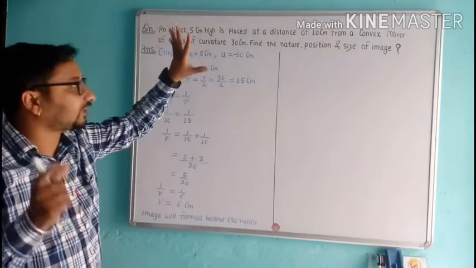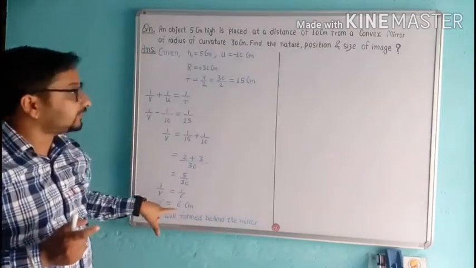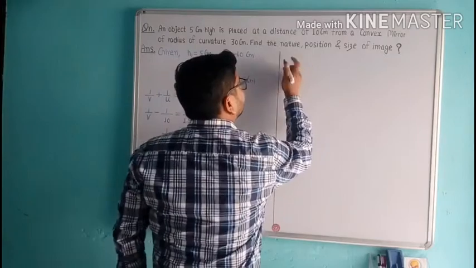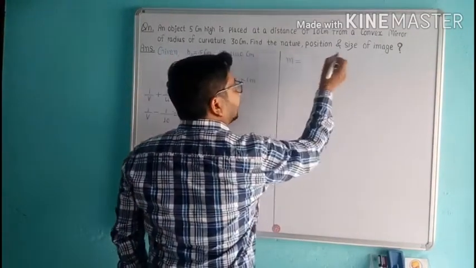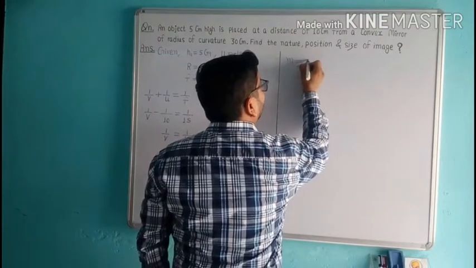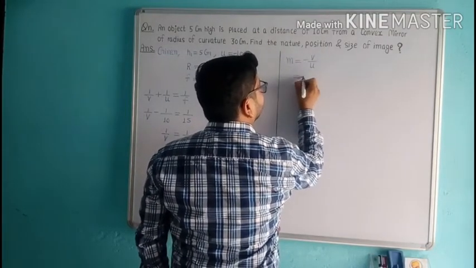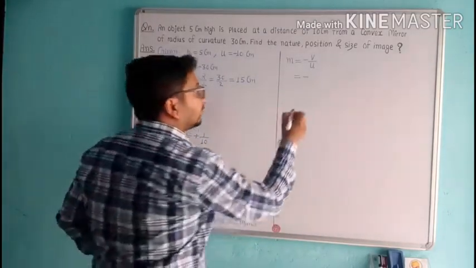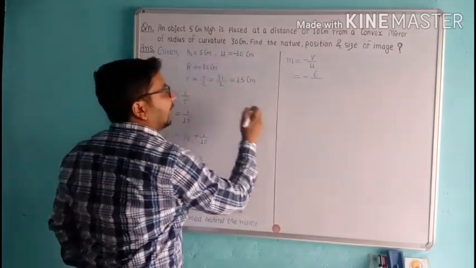We have to find out three things: nature, position and size of the image. Here we found the position of the image. Now use the magnification formula. We know in case of mirror, M is equal to minus V upon U. That is minus the value of V, 6, upon the value of U, minus 10.